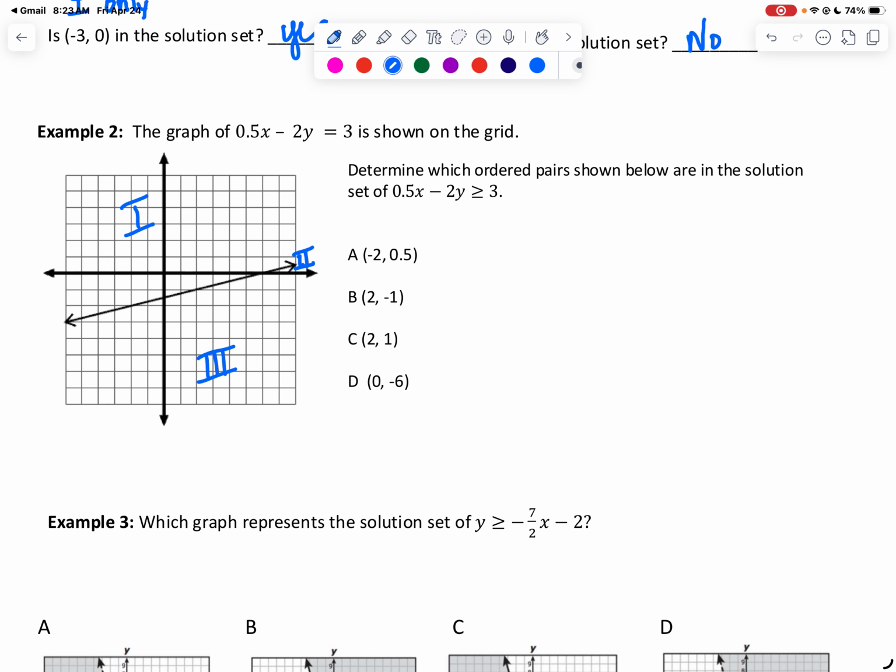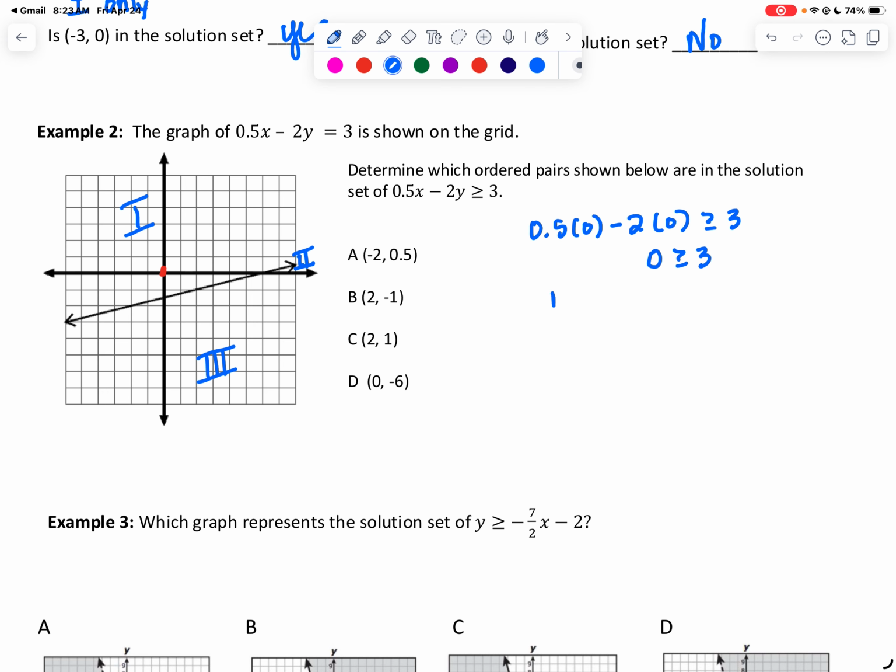So I'm going to use the point 0, 0, and I'll plug it into my inequality. So 0.5 times 0 minus 2 times 0 is greater than or equal to 3. So this would be 0 minus 0, which is 0. And we ask ourselves, is 0 greater than or equal to 3?